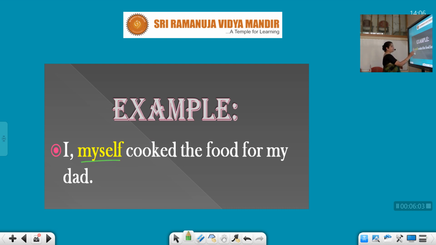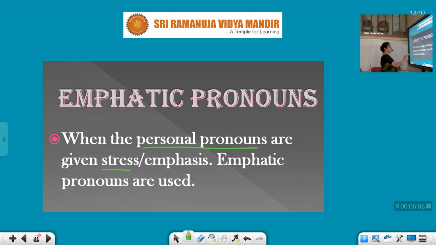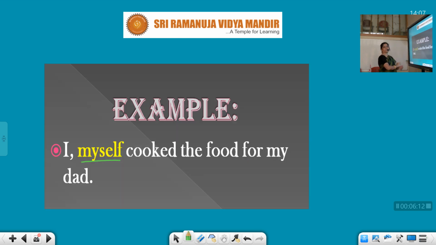Immediately when you see this word myself, you get confused. You say, what is ma'am saying? Emphatic pronoun. This is a reflexive pronoun now. Previously she has shown this myself or herself, Sita herself, and she said this is reflexive. And now she's saying it is emphatic. What is the difference between reflexive and emphatic?